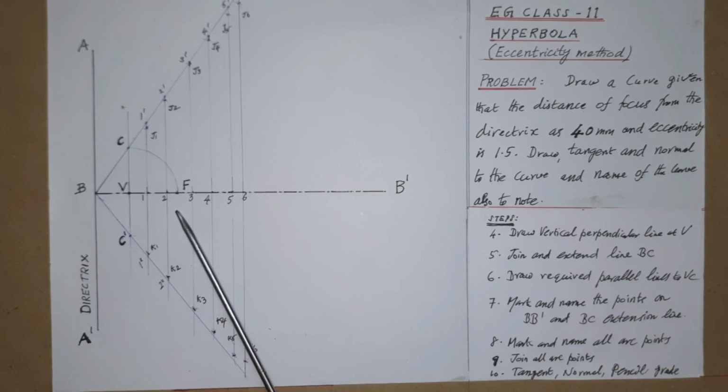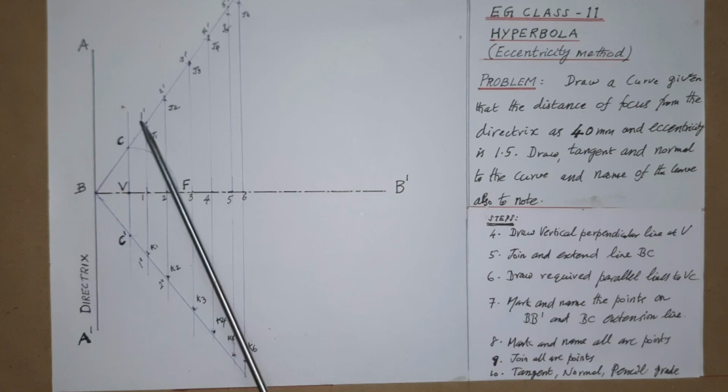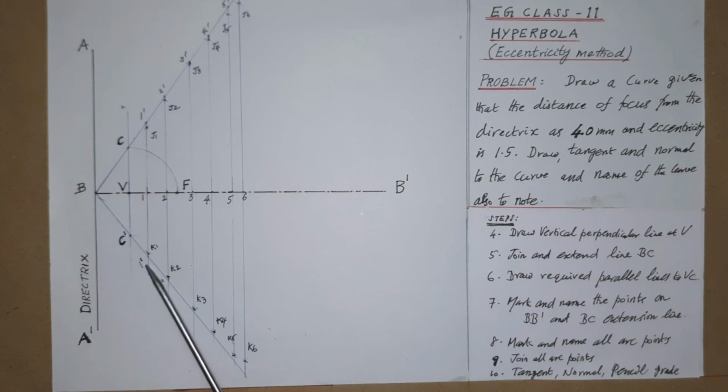For this, take the 1 dash distance in the compass, keeping F as center. Mark the two arcs on the 1 dash and 1 double dash lines, above and below the axis, as J1 and K1.